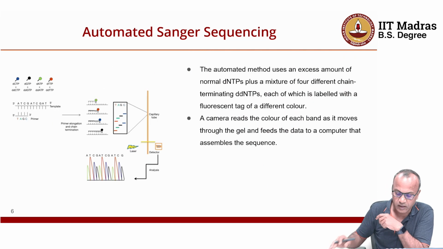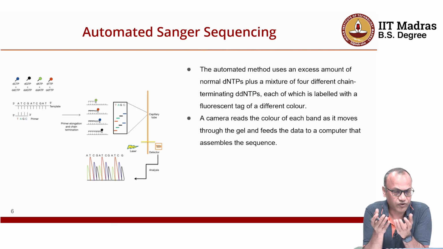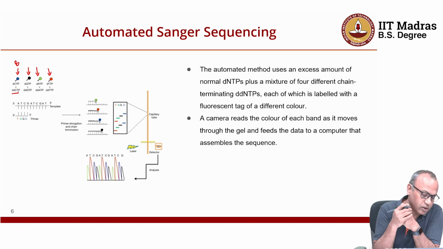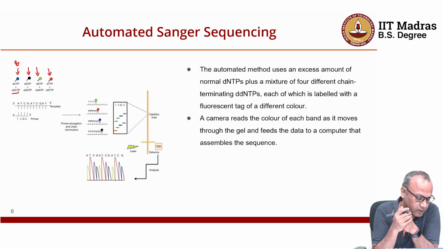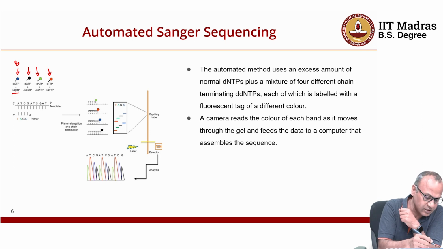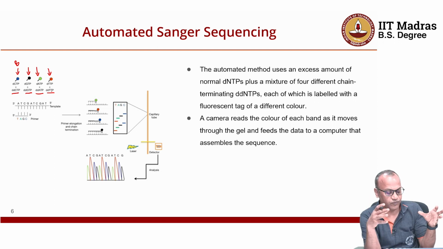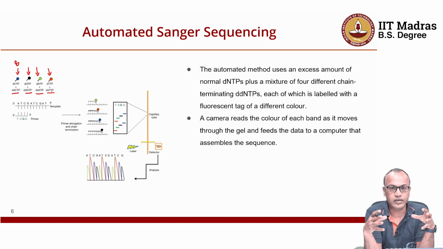But once we got different fluorescent markers, nowadays in automated sequencing, we have a blue fluorescent marker attached to ddCTP, black attached to ddGTP, green attached to ddATP, and red attached to ddTTP. So now I don't really have to do these reactions separately.